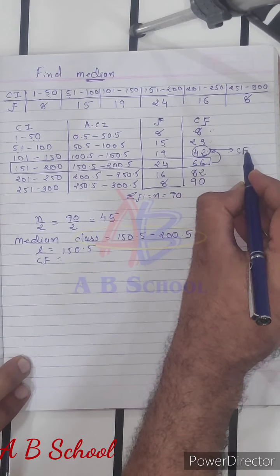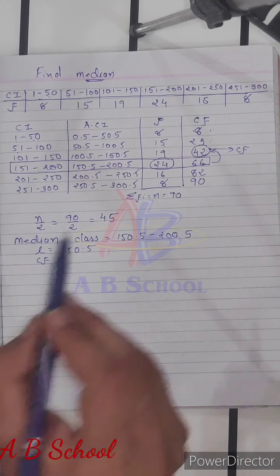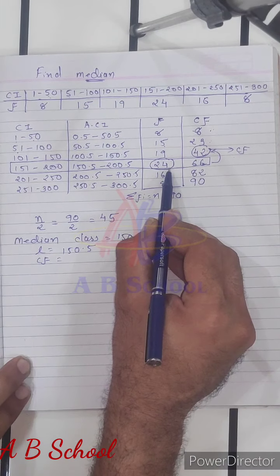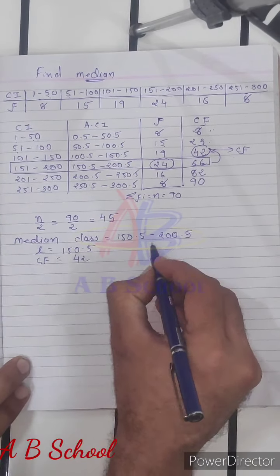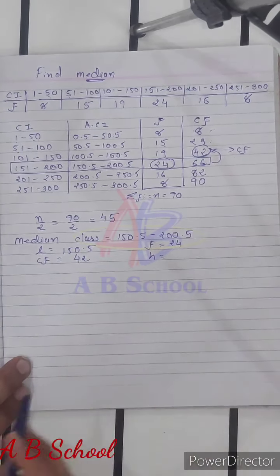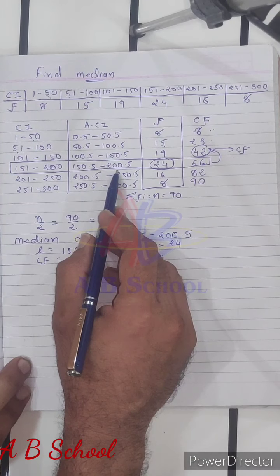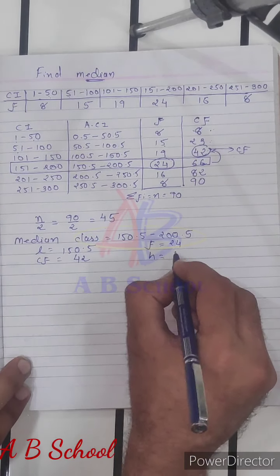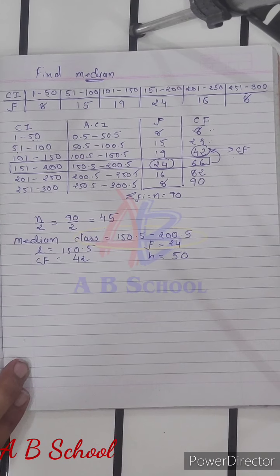So this is my CF, and 24 is the frequency of the median class. CF is 42, F is 24 and H is the class size, 200.5 minus 150.5, that is 50. So I have obtained all the data here.